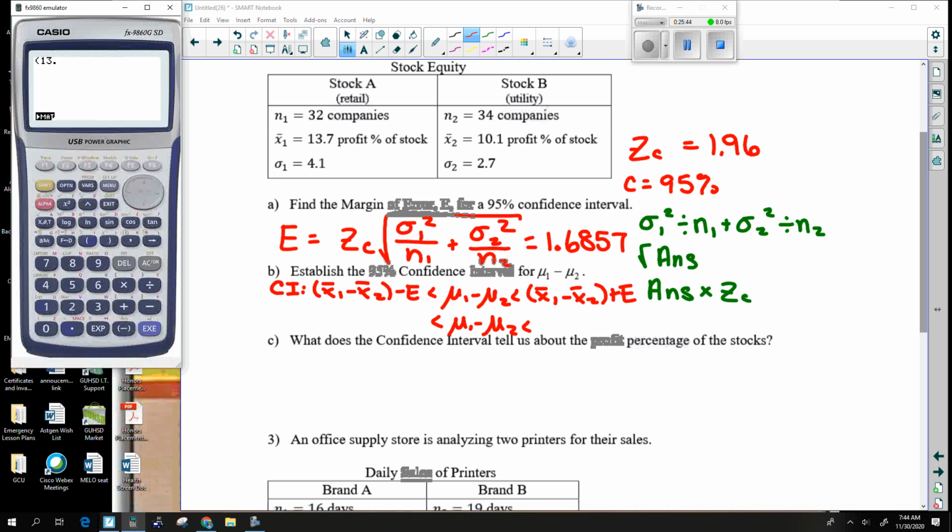So x bar 1 minus x bar 2 minus e, and then x bar 1 minus x bar 2 plus e.